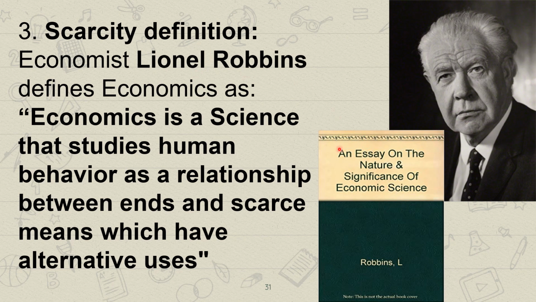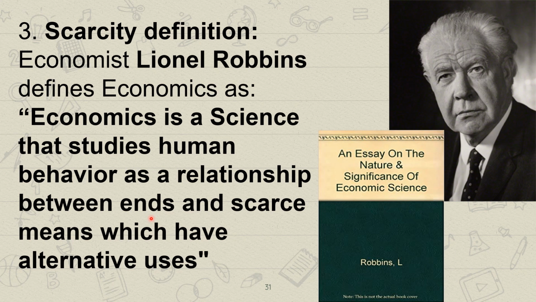And last but not the least, the scarcity definition given by a renowned economist, Lionel Robbins. He wrote a book, An Essay on the Nature and Significance of Economic Science. And in this book, he defines economics as a science that studies human behavior as a relationship between ends and scarce means which have alternative uses. Now students, when you think of the word ends, I want you to remember the word wants.